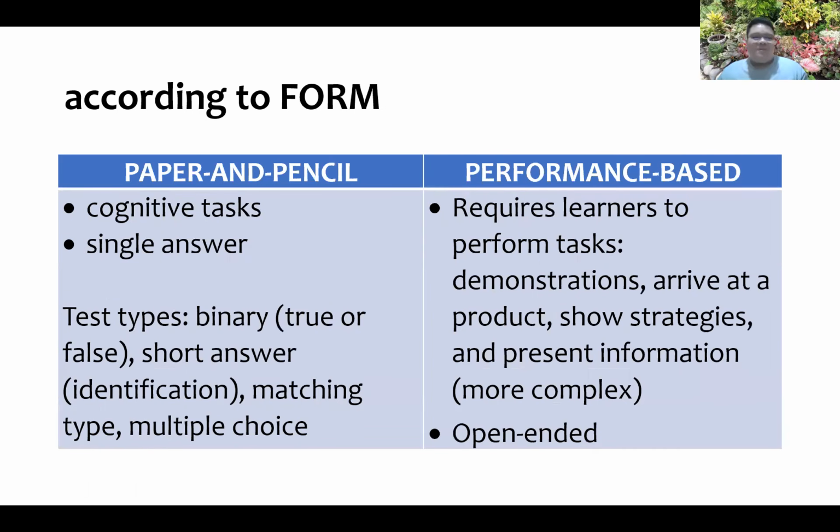Okay? Now, let's talk about according to form. There are two forms here, your paper and pencil test, and then you also have your performance-based test. When I talk about paper and pencil class, its focus is also the cognitive task.